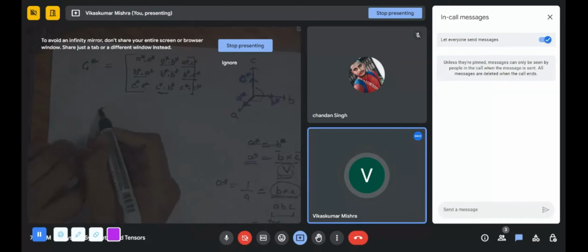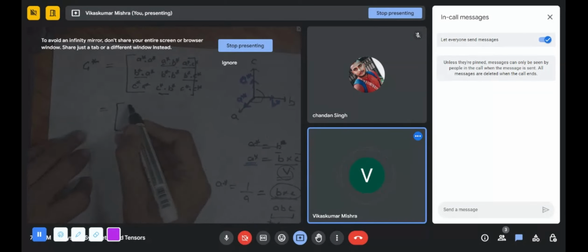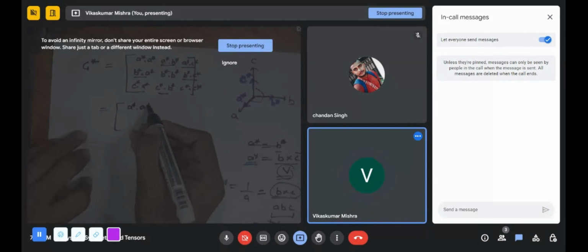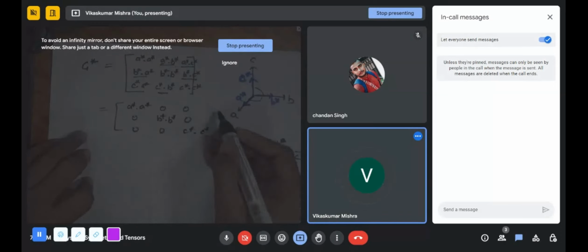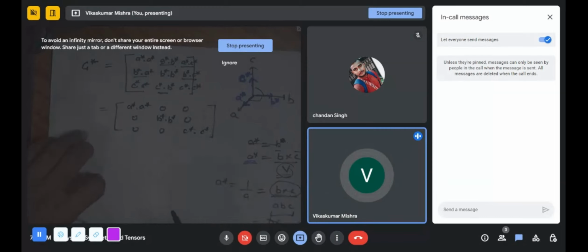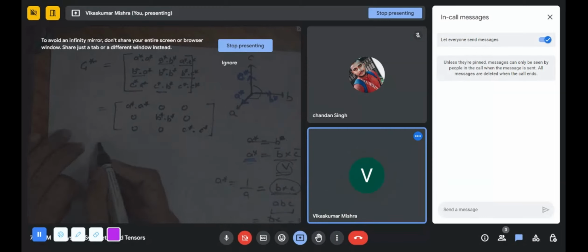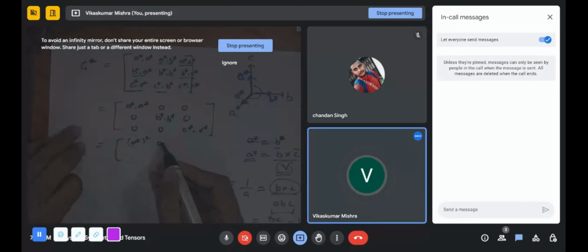So the only things left are A star dot A star, B star dot B star, and C star dot C star. A star dot A star is nothing but A star square, then B star square, then C star square.